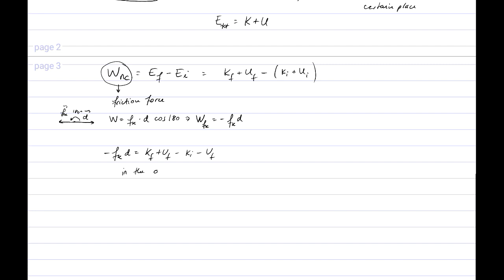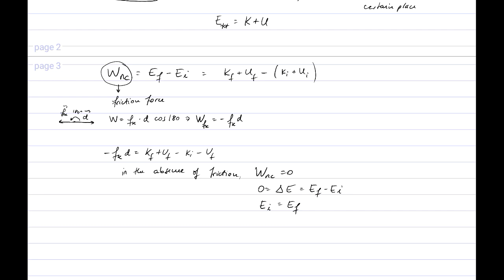So in the absence of friction, work done by the non-conservative force of friction is 0, so we have 0 equals delta total energy, which is energy final minus energy initial. So that means that the total initial energy was converted into final energy with no energy loss.